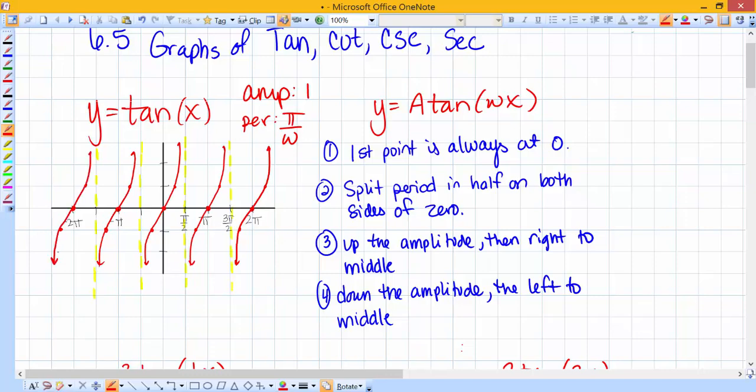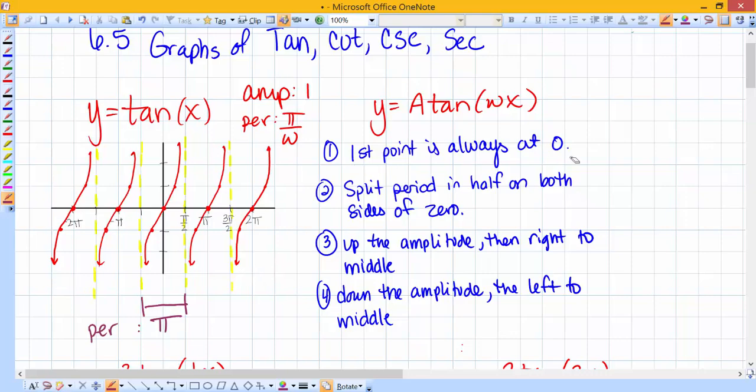Okay, so there's a bunch of tangent cycles. From negative pi over 2 to pi over 2, that's pi. And that is your period for a tangent. From negative pi over 2 to pi over 2, that is 1 cycle. Here's another pi, here's another pi, here's another pi, here's another pi.